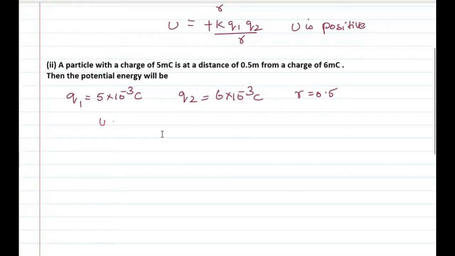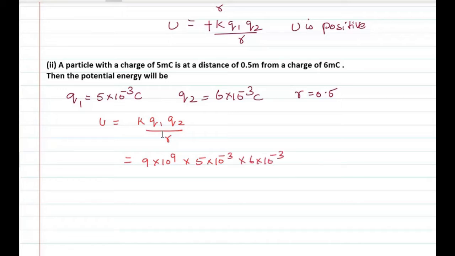So U is equal to K into Q1 Q2 divided by R. K is 9 into 10 to the power of 9, Q1 is 5 into 10 to the power of minus 3, and Q2 is 6 into 10 to the power of minus 3, the whole divided by 0.5 meter.